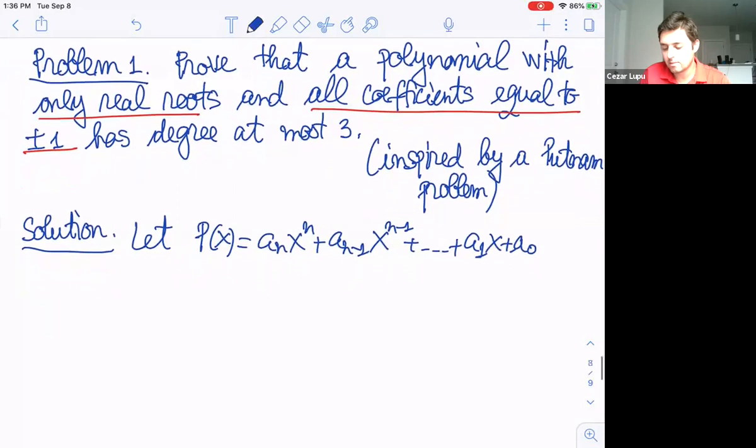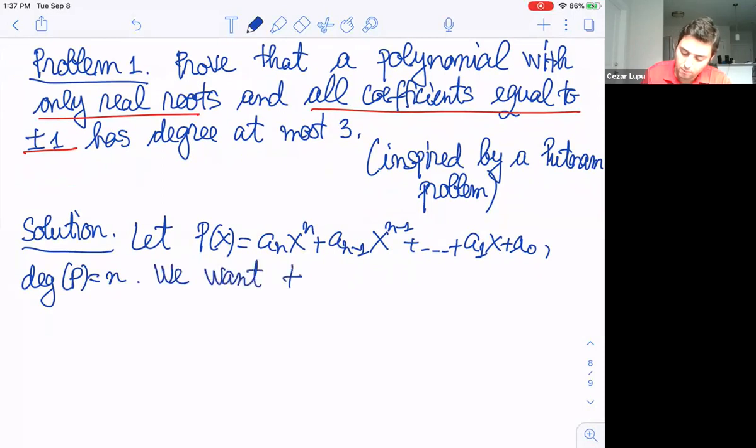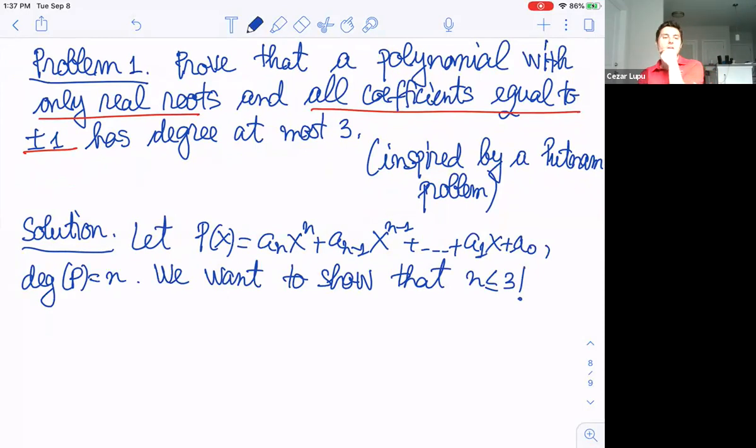If this is my polynomial, and let's say the degree of P is n. We want to show that n is less than or equal to 3. Keep this in mind. So how would you approach this? What kind of idea?